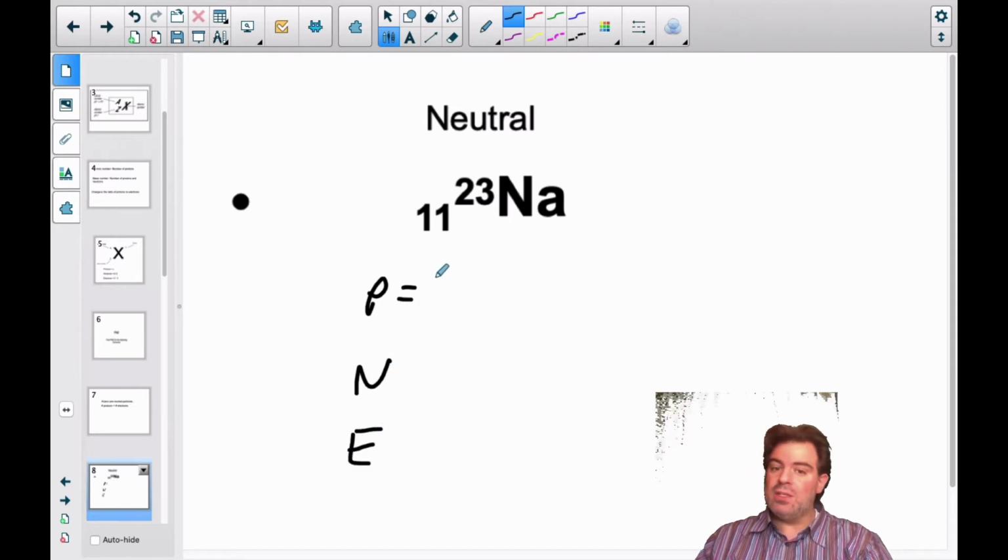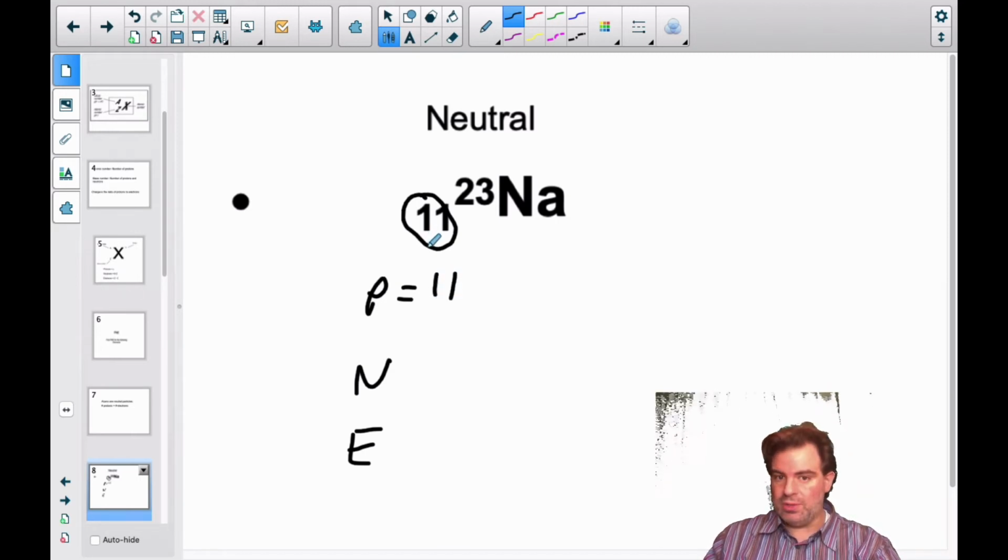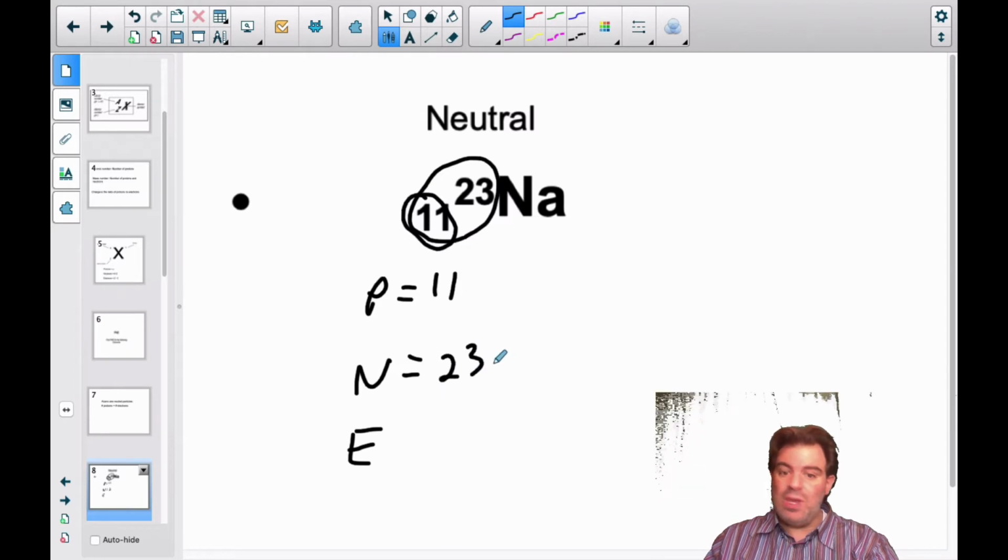What did we just basically say? The number of protons is always the atomic number, which is the lower left. So we have 11 protons. To find the number of neutrons, we subtract these two numbers right here. In this case, it's 23 minus 11, which gives us a total of 12 neutrons.